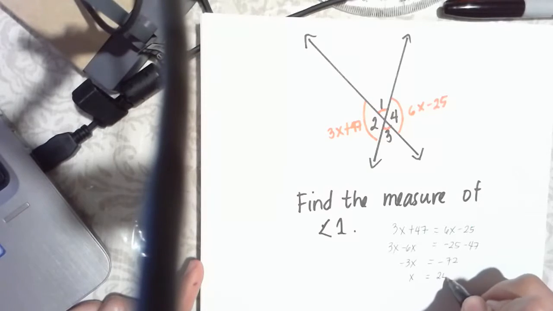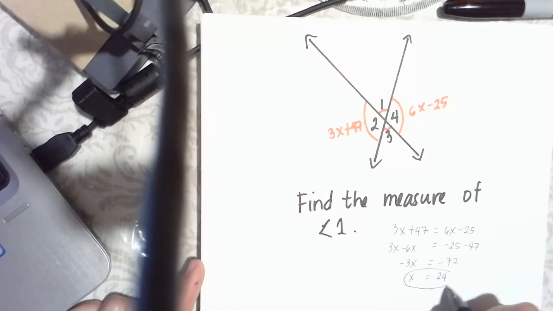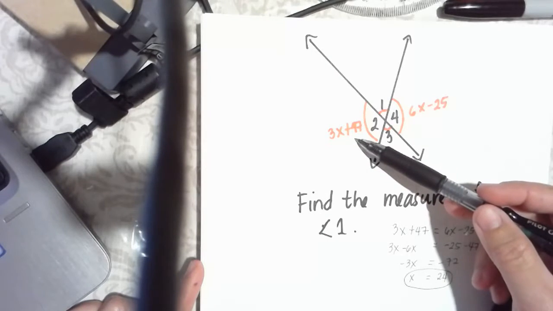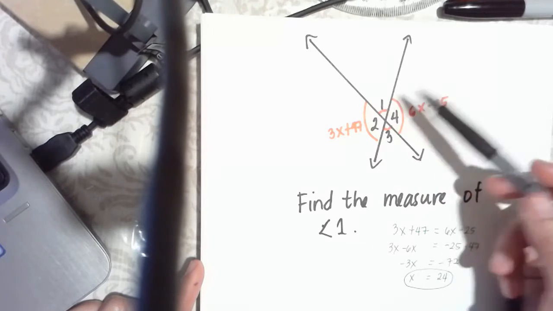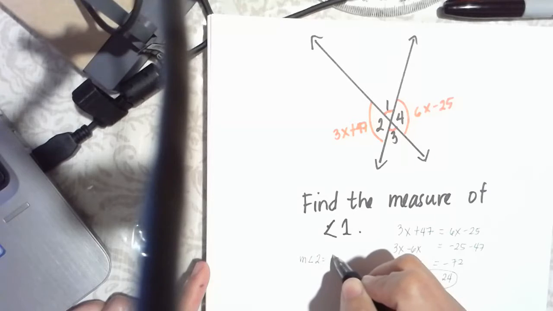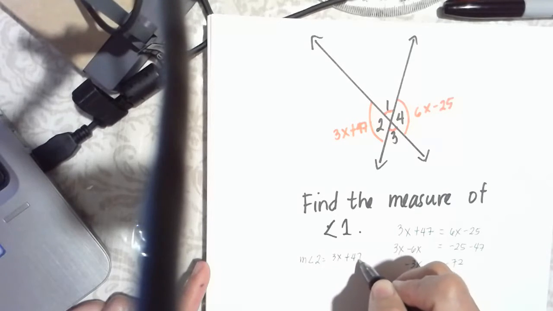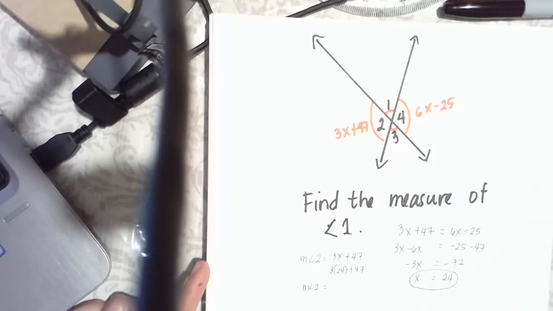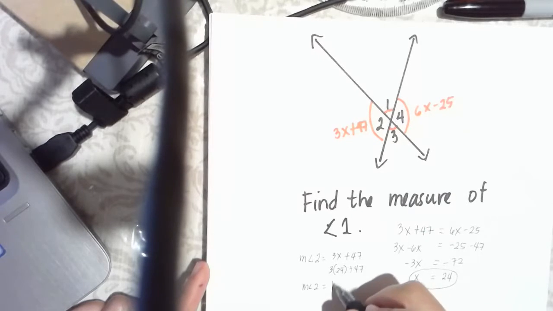is equal to 24. If x is 24, we can now plug it into 3x plus 47, so we can find the measure of angle 2. So the measure of angle 2 is equal to 3x plus 47. If x is 24, that will be 3 times 24 plus 47, which is equal to 119.